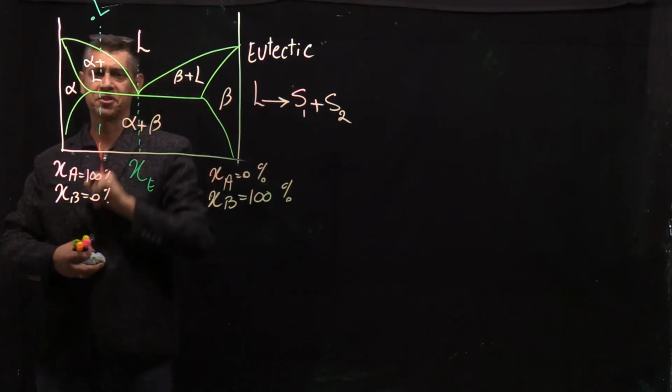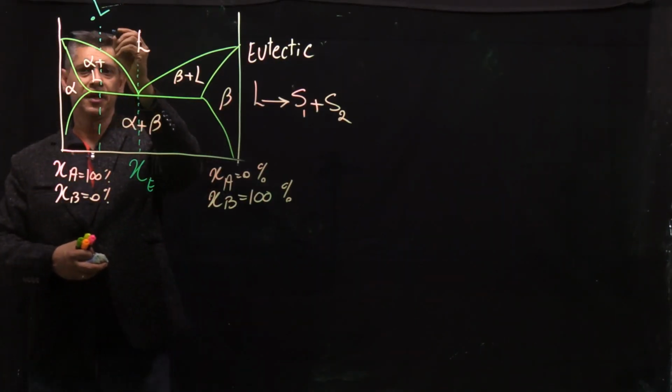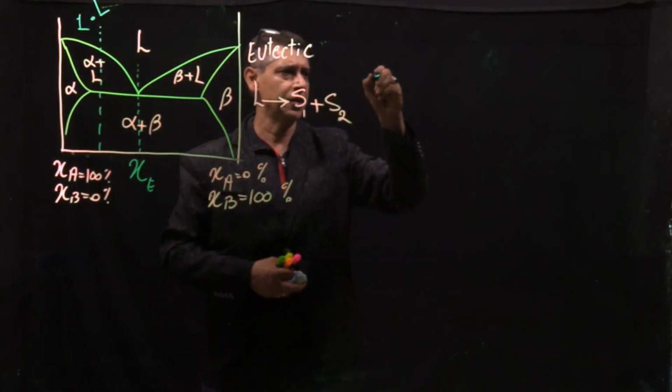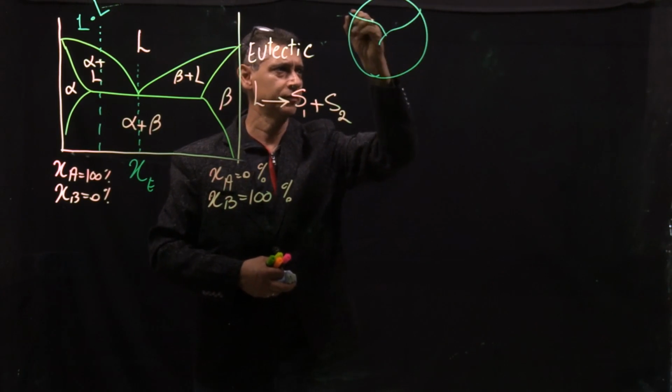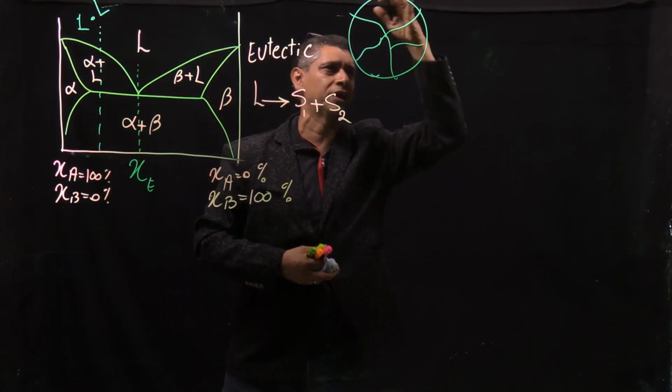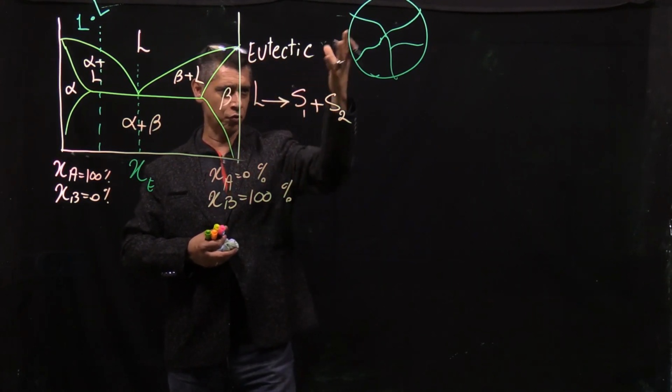So I have 100% liquid, so we call it 0.1. So the structure I have here is 100% liquid. Anyways, liquid doesn't have a structure, but assuming it looks like this, because there's no grain boundary.